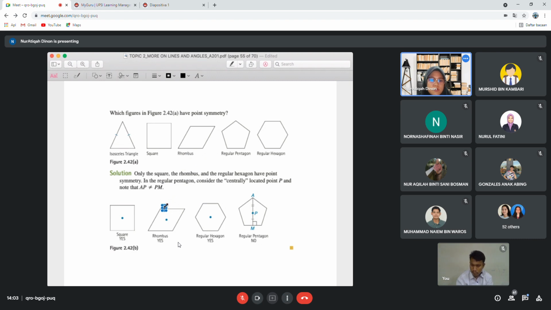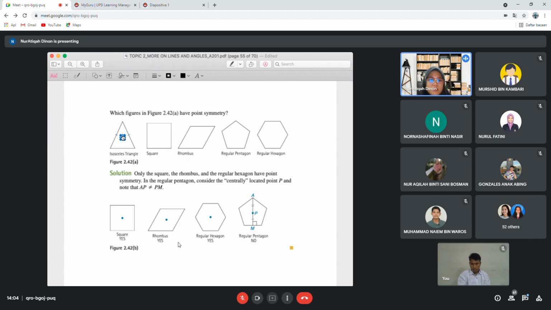Let's say this is what we thought to be the middle of the isosceles triangle, but this one is not a point symmetry. If, for example, this is point M, when you reflect to find the second point, it won't land on the side of the isosceles triangle. It will land inside the isosceles triangle.